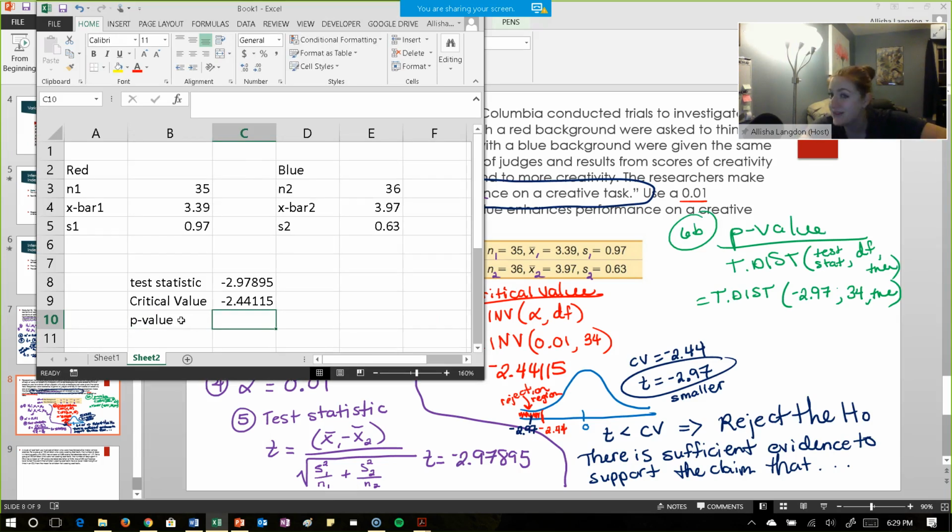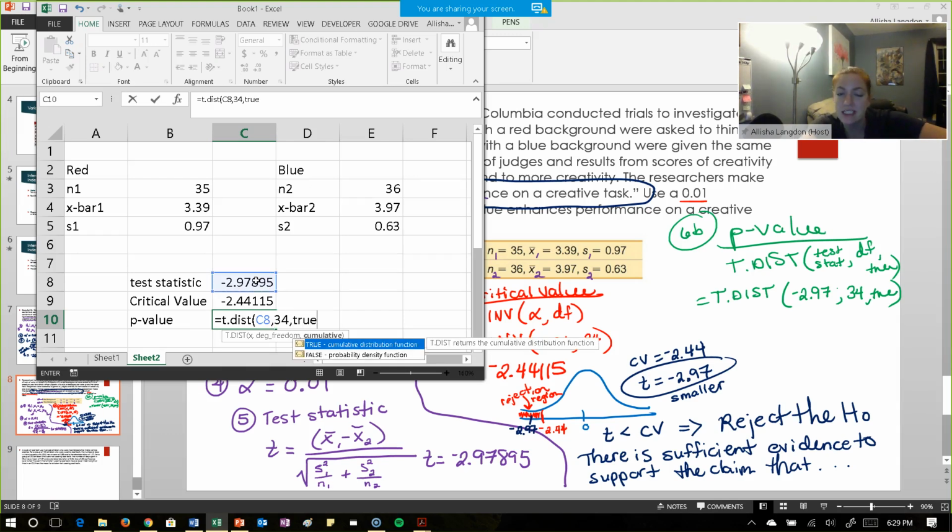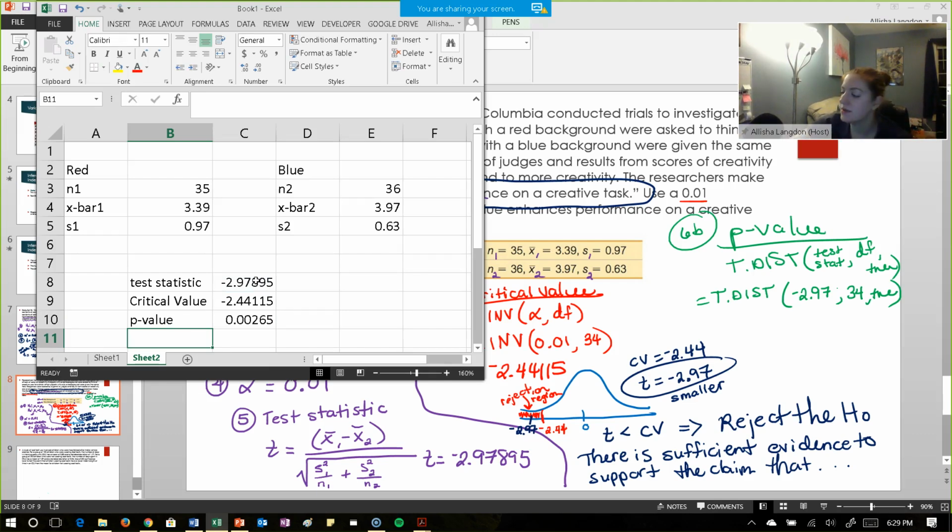P-value, the probability of getting that test statistic: t.dist, our test statistic, comma 34, true. It's really about being lazy using that cell reference. It makes our lives easier, so why not use it? So hit enter.